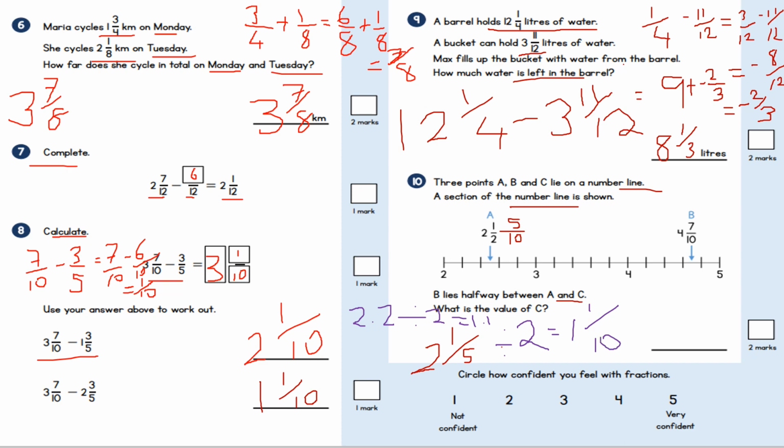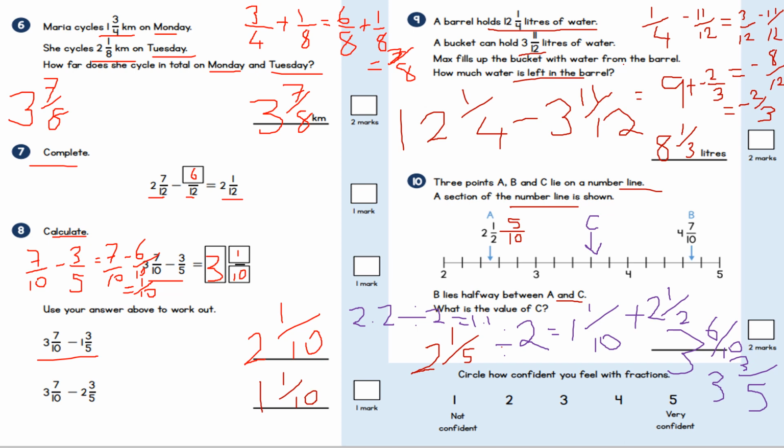Add that on to 2.5, and that will give me the value for C. 1 plus 2 is 3, and then a half goes to 5/10, plus 1/10 will go to 6/10. So you've got 3 whole and 6/10, which is the value for C. So it's going to be bang in the middle here for C. Okay, 3 and 3/5. 6/10 simplifies to 3/5.